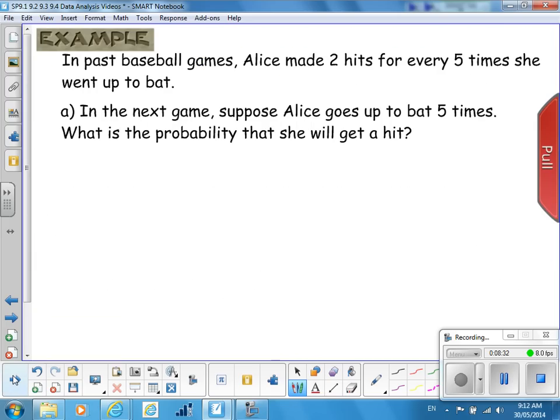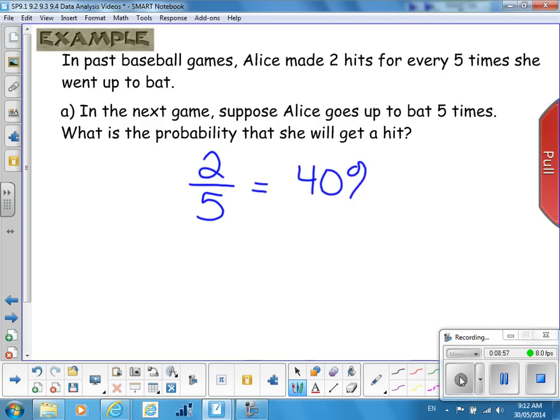In past baseball games, Alice has made 2 hits for every 5 times she is up to bat. So in the next game, suppose Alice goes up to bat 5 times. What is the probability she will get a hit? Well, every time she goes up, she's got 2 hits out of 5. So the probability is about 40%. Now we're making some assumptions here.